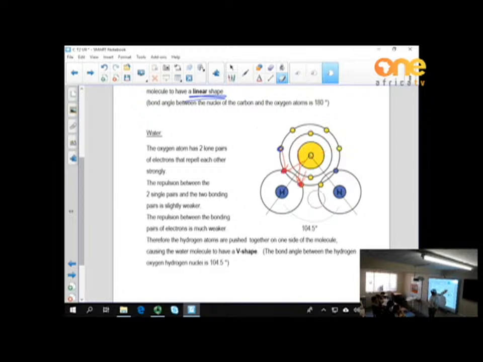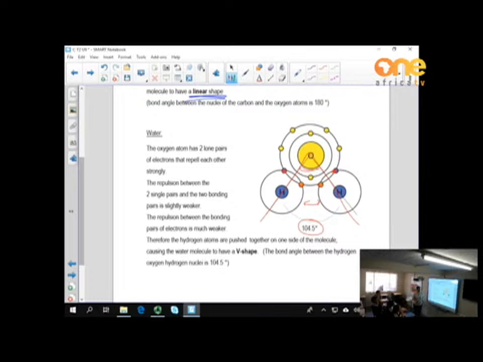So that also pushes the hydrogen atoms away downwards to one side. The repulsion between this bonding pair and that bonding pair is very weak, so they can't repel each other very strongly. And as a result of that, we find that the bond angle over here is going to be 104.5 degrees. Now you need to remember the size of the angle.